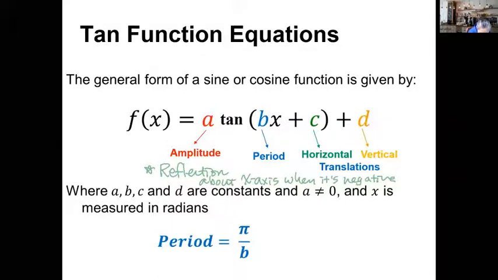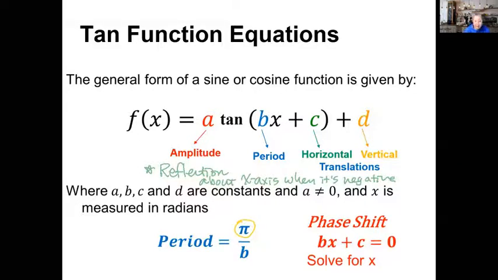This is pi over b. Then also, when the b value is not 1, in a similar way, we take the expression inside the parentheses, bx plus c, set it equal to 0, and solve it for x, and that's going to indicate the phase shift, or in other words, the horizontal shift.